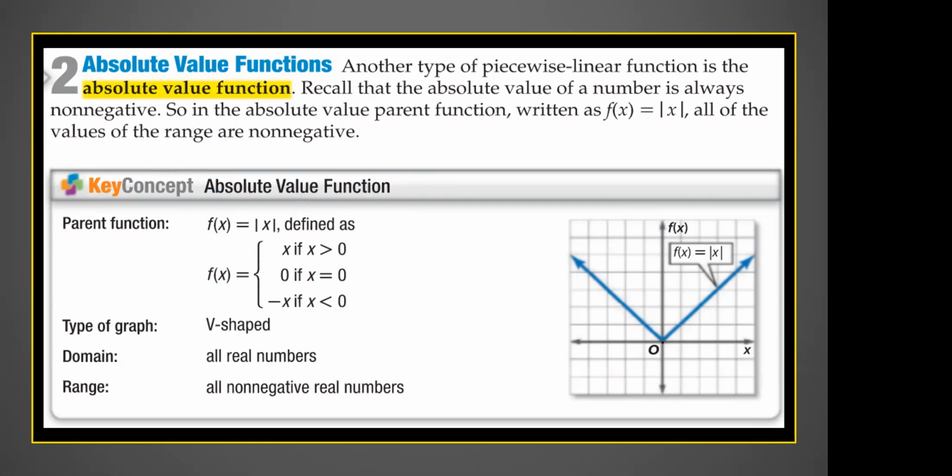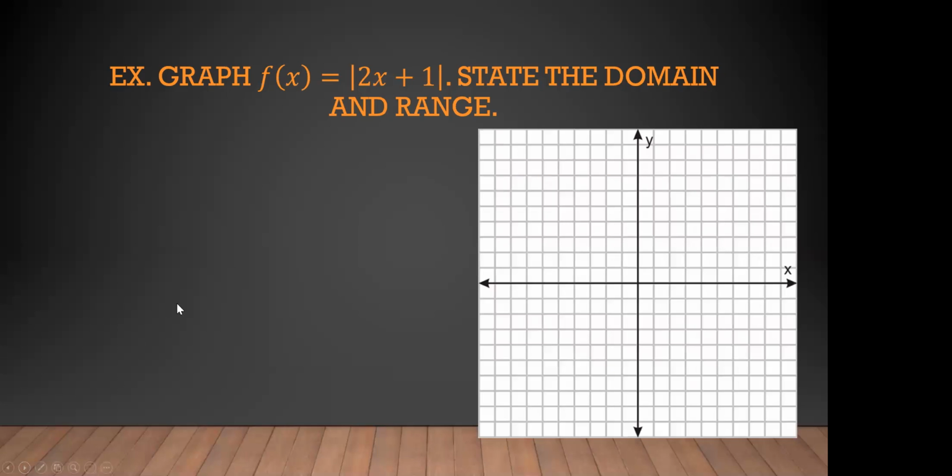So we want to find the vertex, and then we can find a couple of values on each side of it, and then we know it's going to be V-shaped. Once we have at least 3 points, we can draw that graph.